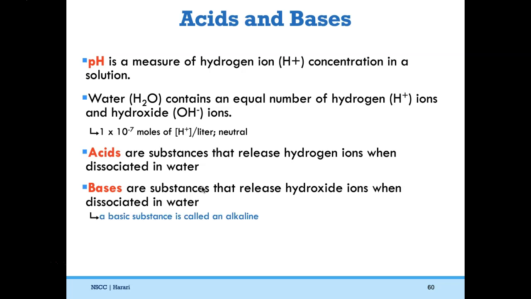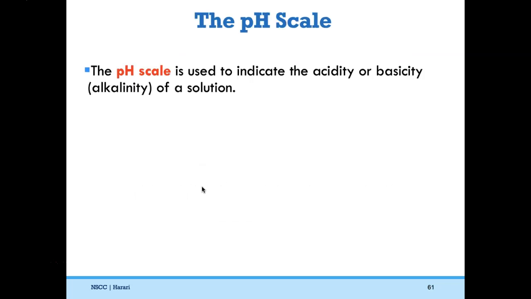A basic substance is also called an alkaline, just to have that in the back of your mind. The pH scale is used to indicate the acidity or alkalinity of a solution. It's telling you how much H+ is in a solution relative to neutral water.